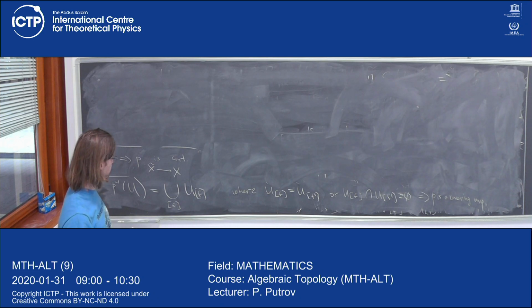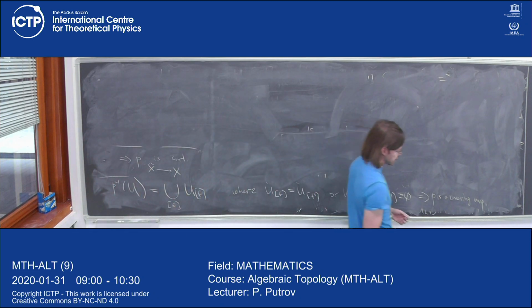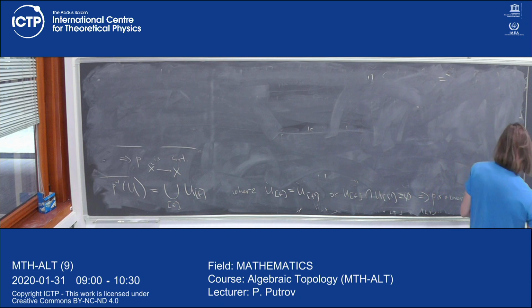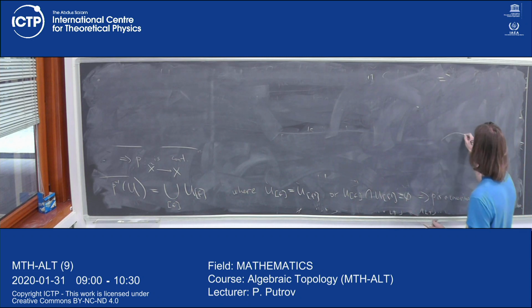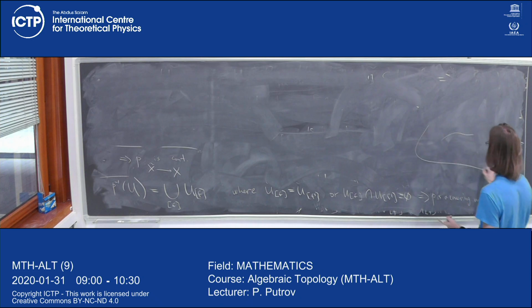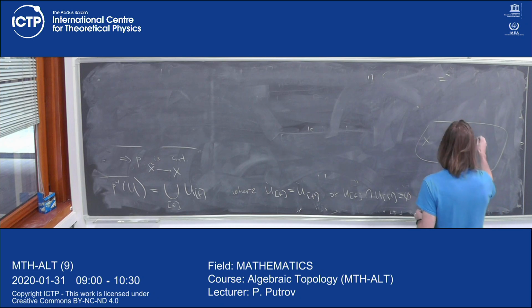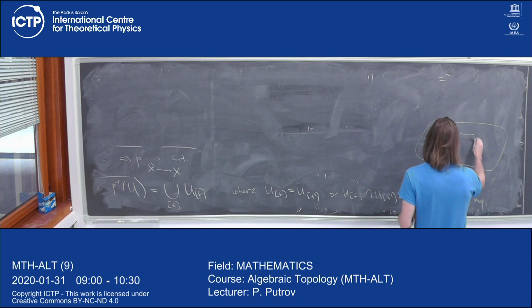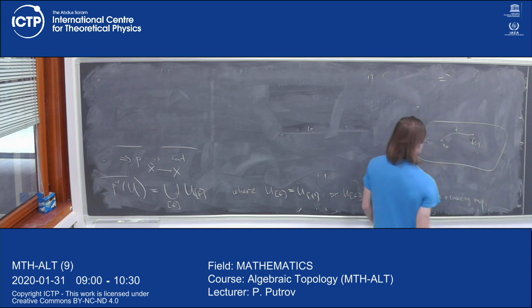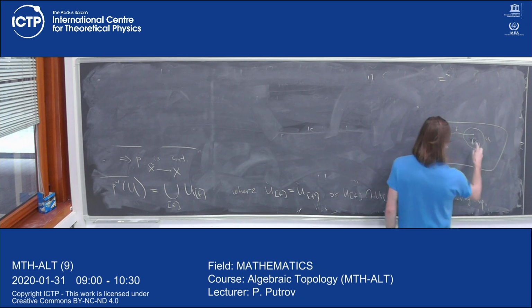No, we use the fact that X is... these are not neighborhoods of X0. So we fix a point X0 in X, then we consider some paths F from X0 to F1, and those U's were neighborhoods of F1.